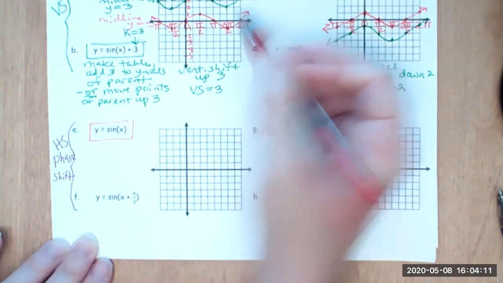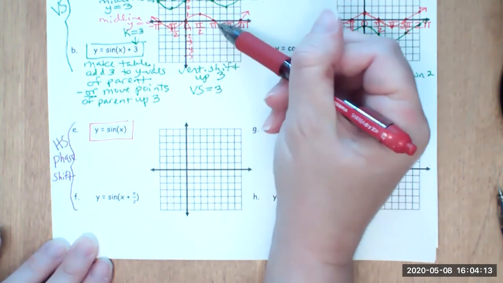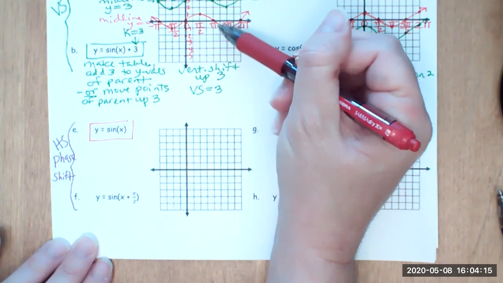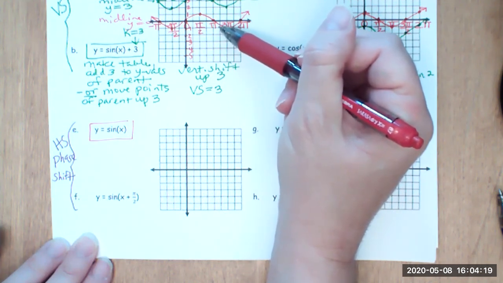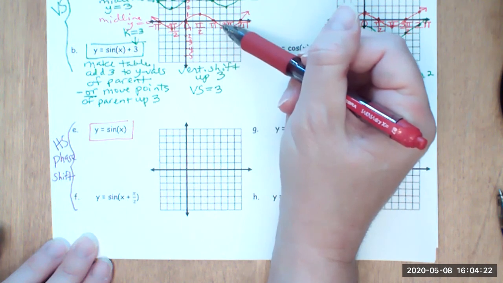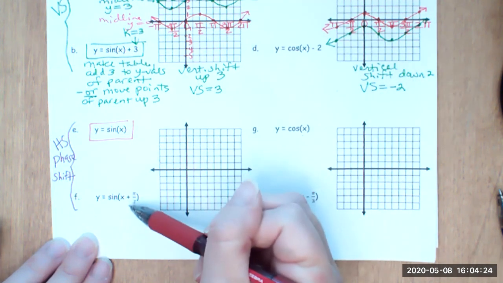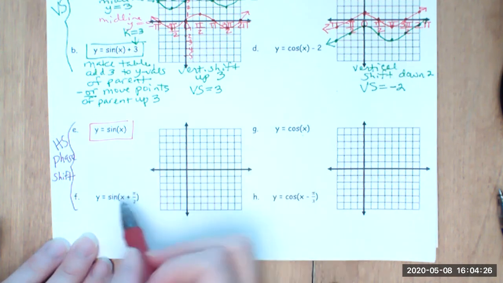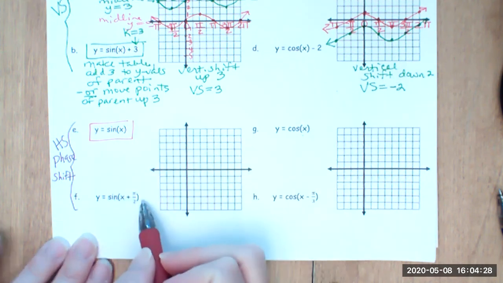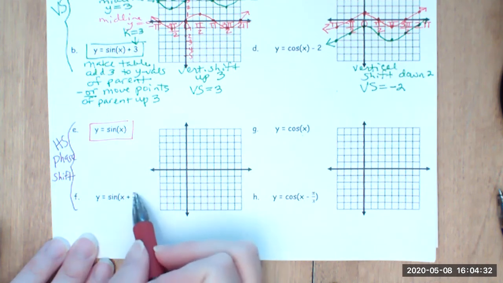I'm going to basically duplicate what I had here, only this time when I do the addition or subtraction, I'll be moving the points left and right instead of up or down, because what I've got here is sine of x plus pi over 2, which means that I have a horizontal shift left pi over 2, because remember, for values of h, we take the opposite here.